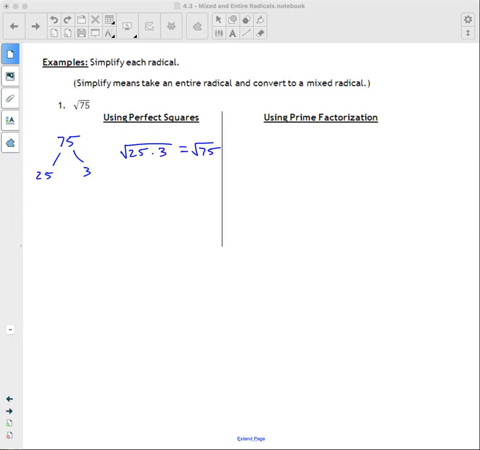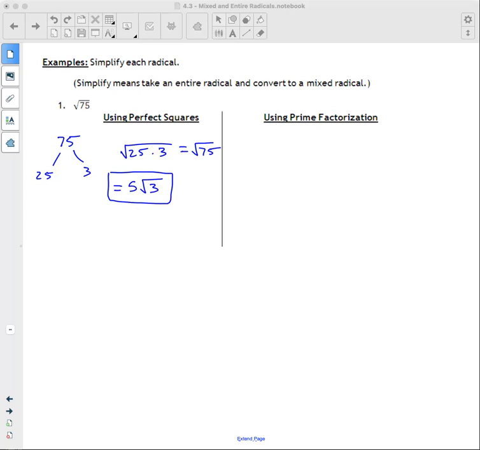If we take the square root of 25, that is just 5, so we'll take that outside. And because 3 is not a perfect square, we're just going to leave that inside the root. So that is going to simplify to 5 root 3. Again, that 5 comes from the square root of 25, and root 3 is not a perfect square, so we just have to leave that alone.